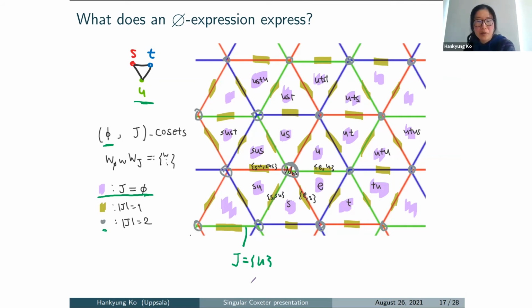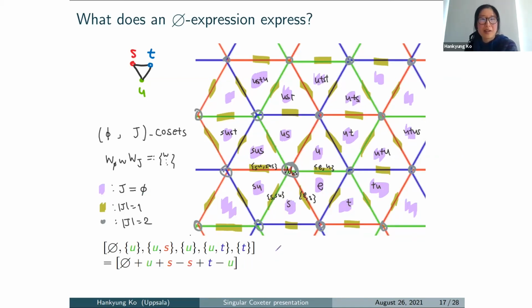Okay, so we make this picture. So we label our facets, or cells, in the Coxeter complex. And now I do an example. So here is E. So we have empty. That means at this point, you have empty on the left and empty on the right.